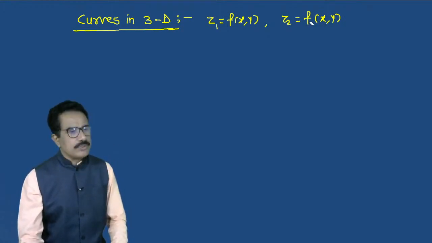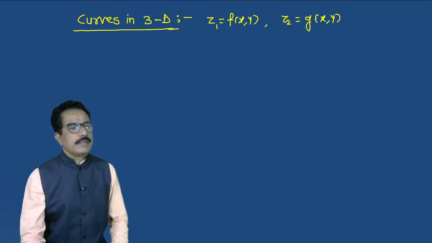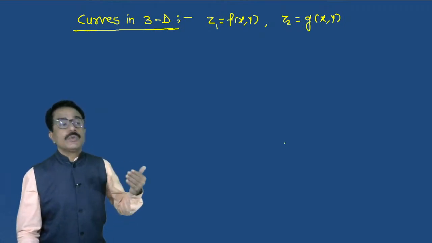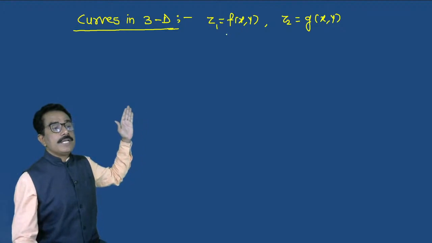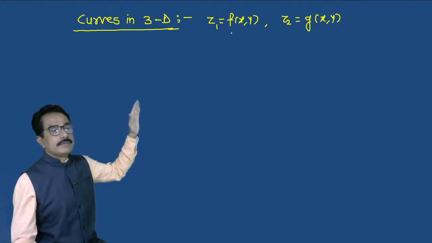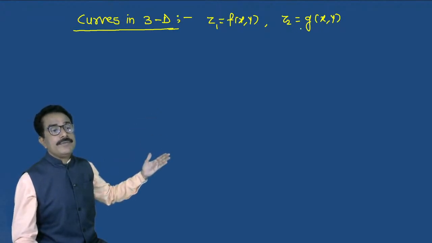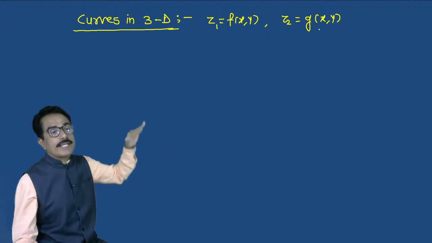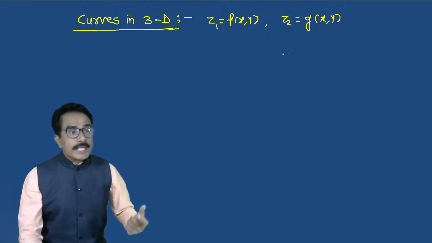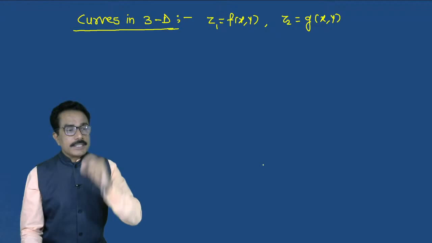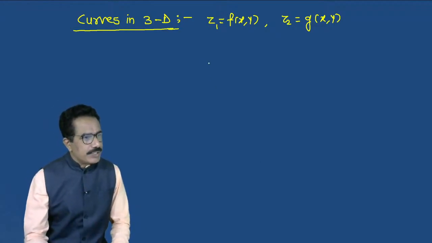Here z1 is a dependent variable, which is a function of x comma y, and z2 is another function, g of x comma y. Then we can plot the graph in 3-dimensional geometry.